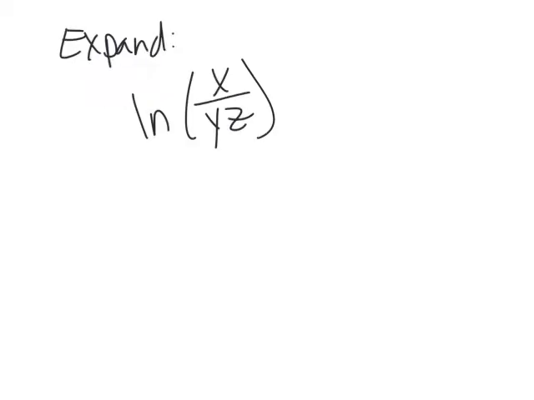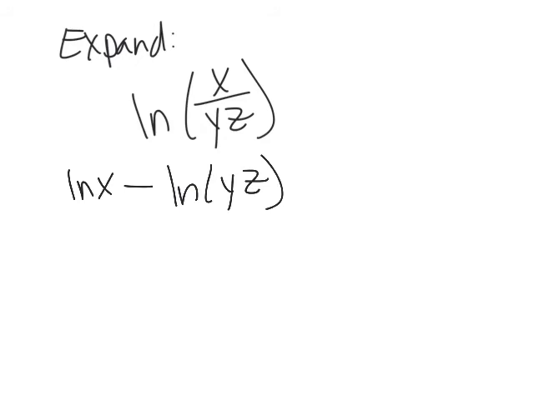So let's look at this example, because this one's slightly different and you have to be careful. Some of the biggest mistakes I see are when you have a product in the quotient of your argument. The first thing I'm going to do is break apart the fraction bar with subtraction. That's the natural log of x minus, well, not parentheses yet, minus the natural log of y times z. Now there's two things you can do.